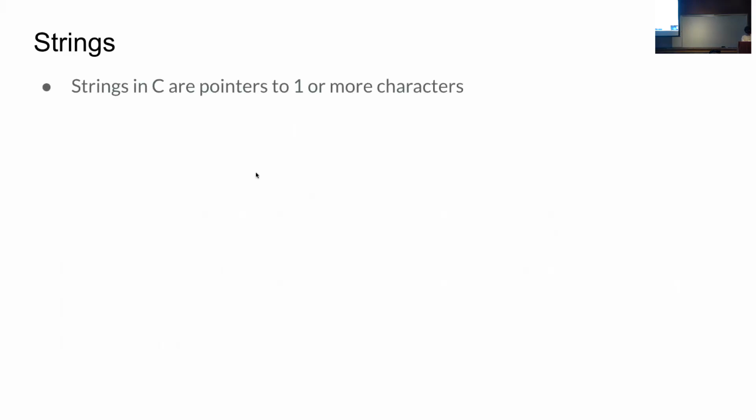So let's talk about strings. In C, strings are basically just arrays. And strings are pointers to one or more characters, right? The way we represent strings is using characters in an array, and the null terminator tells you when the string is done, okay?